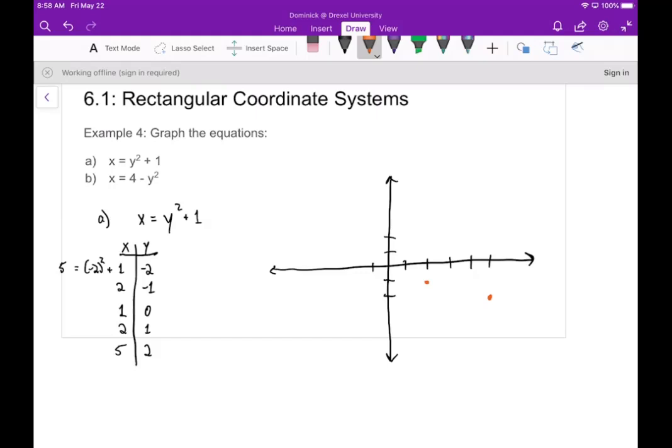And then we get (1, 0). And then (2, 1). And then (5, 2). So for this one, we actually get something like this. Okay, so that's part A.